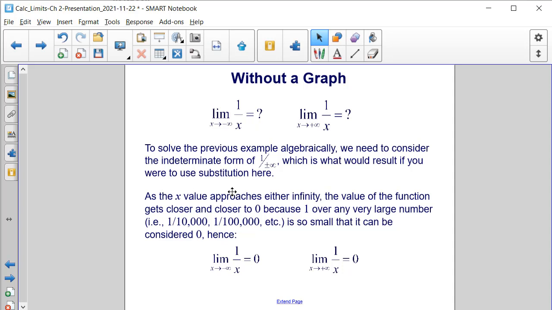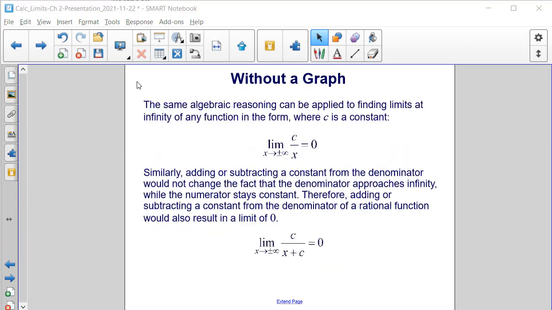As the x value approaches either infinity, whether it be positive infinity or negative infinity, the value of the function gets closer and closer to 0 because 1 over any very large number, in other words, 1 over 10,000, 1 over 100,000, etc., is so small that it can be considered 0. Hence, the limit of 1 over x as x approaches negative infinity is equal to 0, and the limit of 1 over x as x approaches positive infinity is equal to 0.